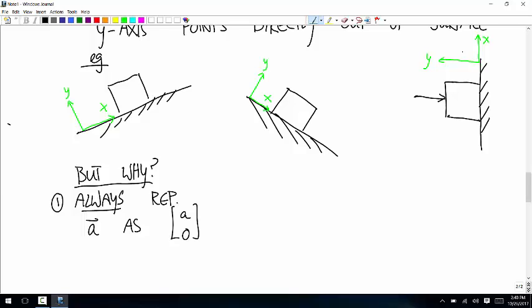And notice, if we use a normal coordinate system for this, its acceleration would be at this funny angle, you know? That would have x and y components, and we'd have to deal with x and y components. But since we have the coordinate system rotated, this thing can only slide parallel to the x-axis. So it's way easier for acceleration this way. Okay.